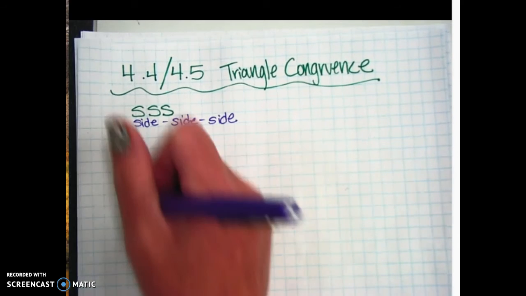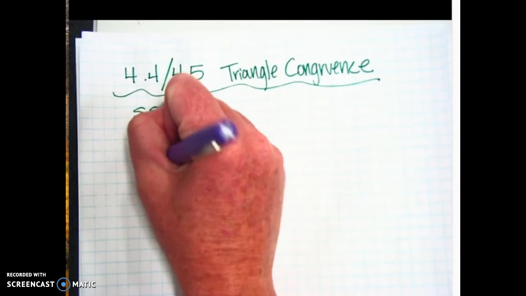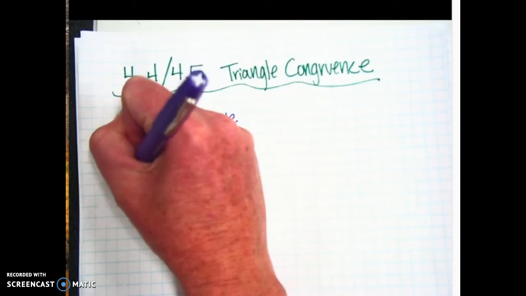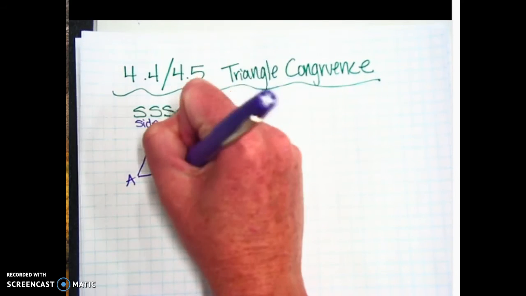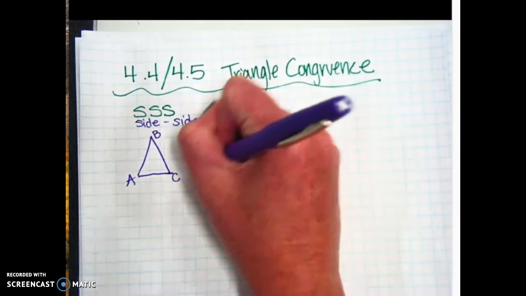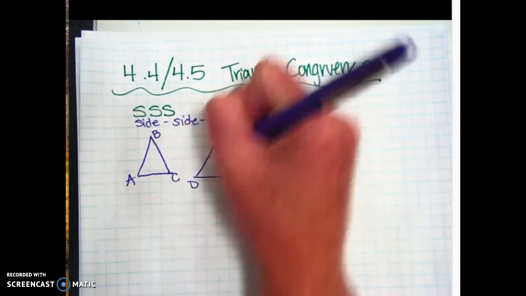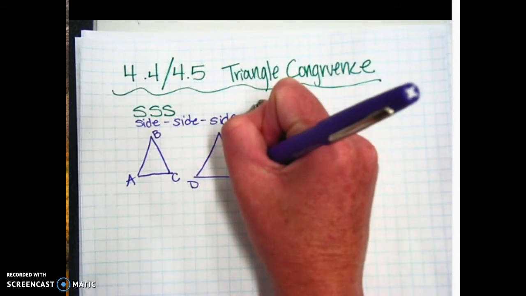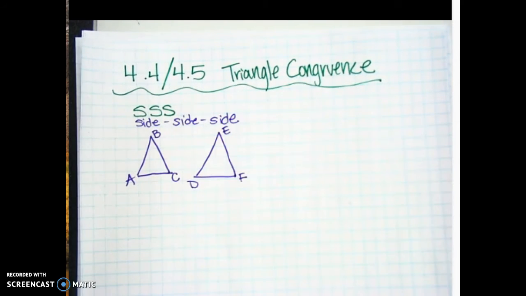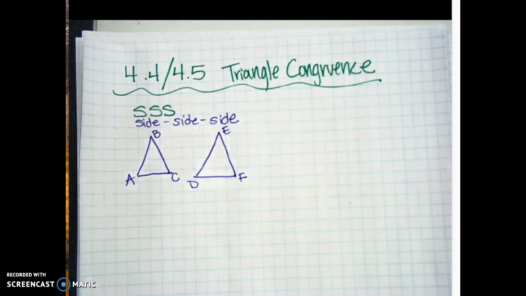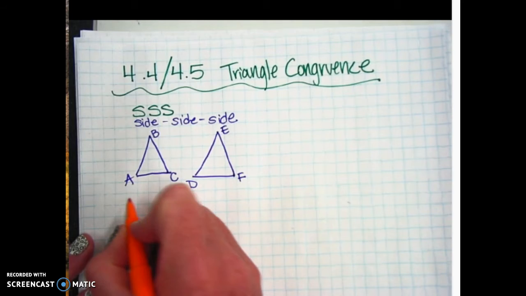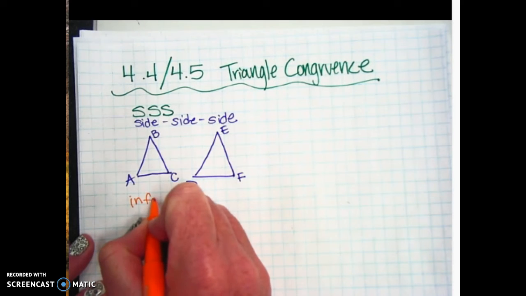So what we're going to do in that box is draw two triangles. We're going to draw the first triangle ABC, and the second triangle, and we're going to call it DEF. Once you've got two triangles, you're going to look for information.